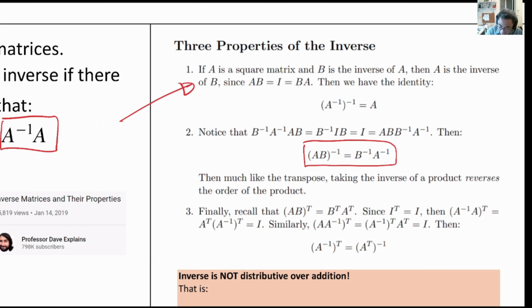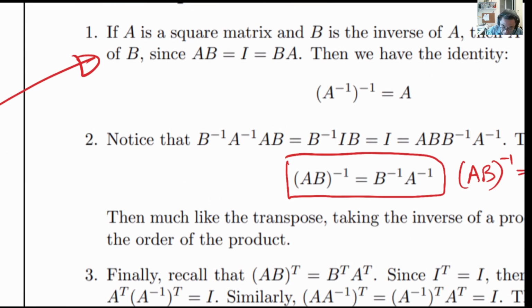Now, the second property. We're going to prove this property. This property looks like the transpose property. Now we have AB inverse, and this property states that it is the same as B inverse multiplied by A inverse. Why is this so? Let us study this equation here.